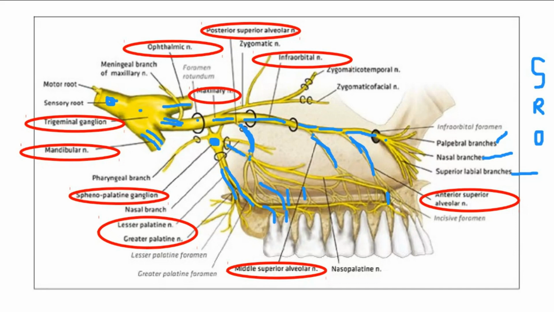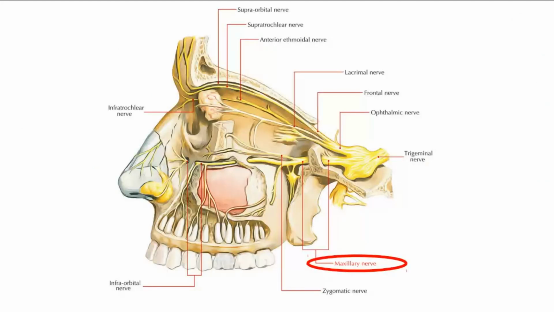All those 3 are going to go to the teeth. These join the infraorbital nerve and then exit.